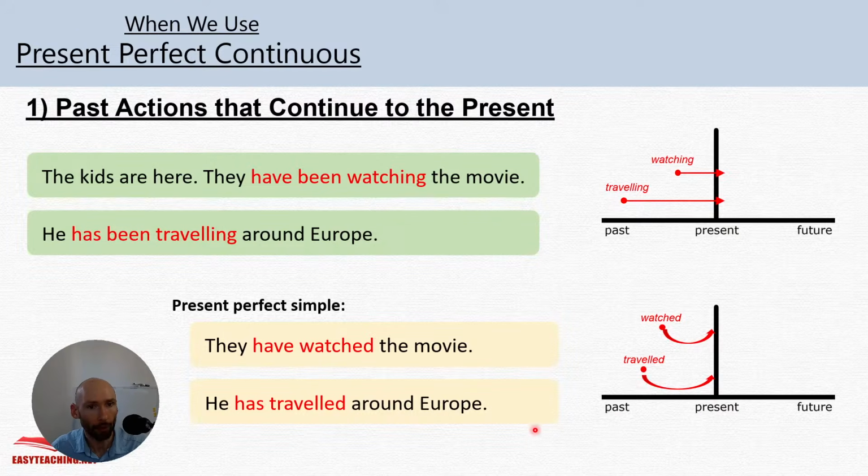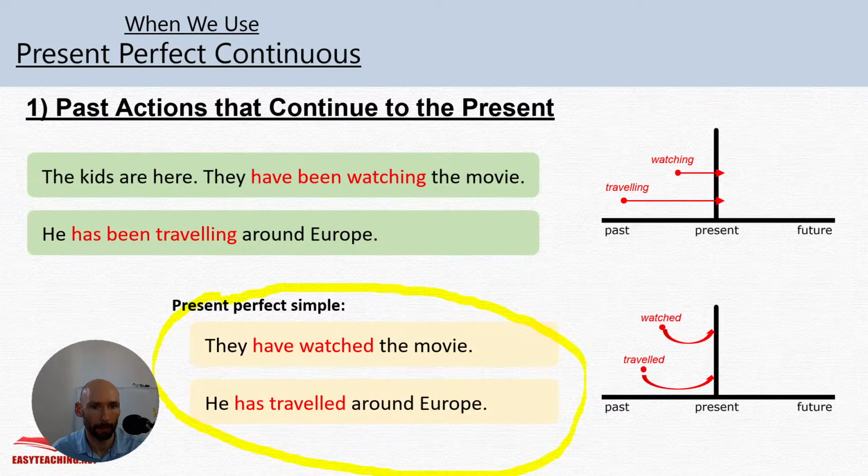One thing that can be tricky to get your mind around is the fact that there is a connection to the present with these sentences, and that's illustrated here by the arrows. It's showing that there is a relevance in the present, but it's not continuing. For example, the first one, they have watched the movie.